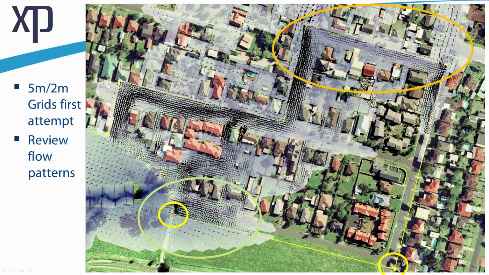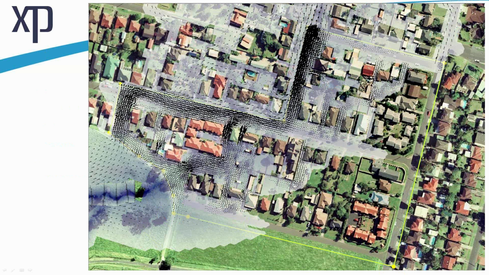So along that long line, the water level is being interpolated between the two control points inside the yellow circles. And that will give a very poor reproduction of the water surface profile through that area. So let's see what we can do about that.